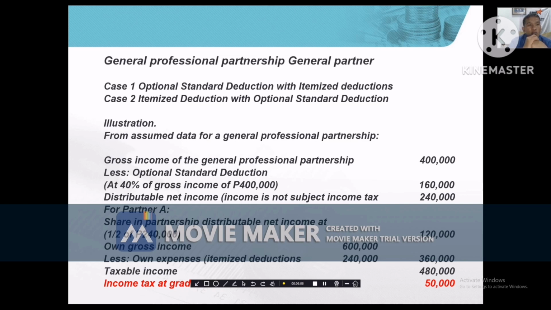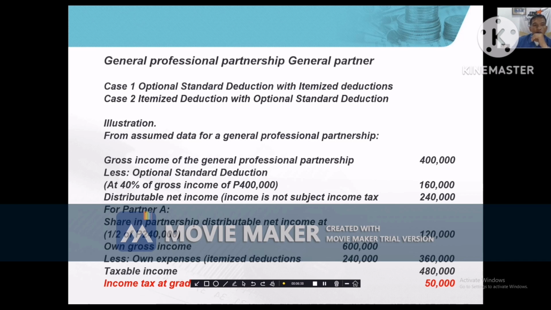So sa ating illustration, from assumed data for general profession partnership, let's presume na yung kanilang gross income sa kanilang partnership is umabot ng 400,000. Then sa 400,000 less optional standard deduction, which is sinabi kanina na 40%. So yung 40% ng gross income nilang 400,000 is 160,000.